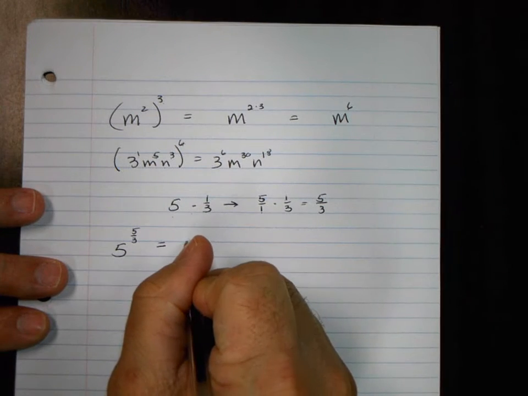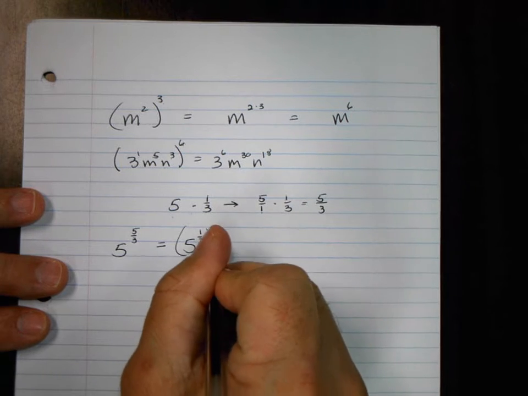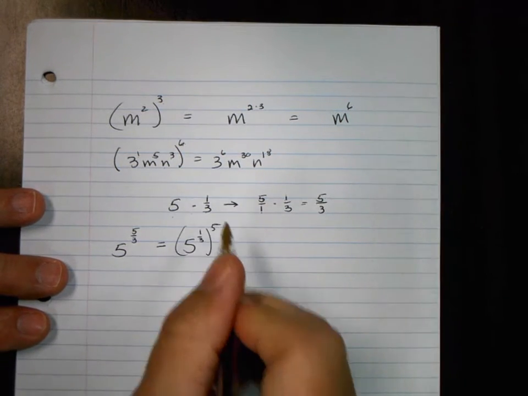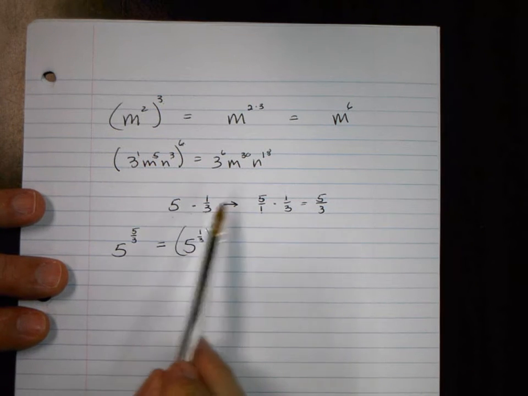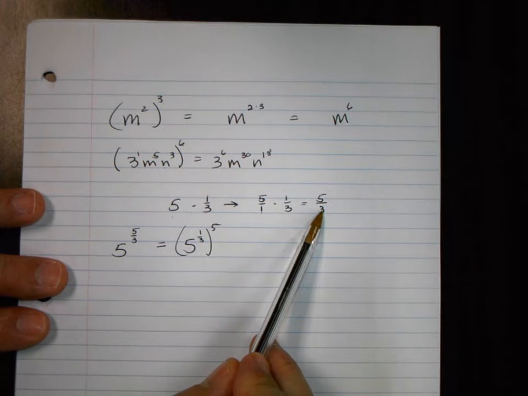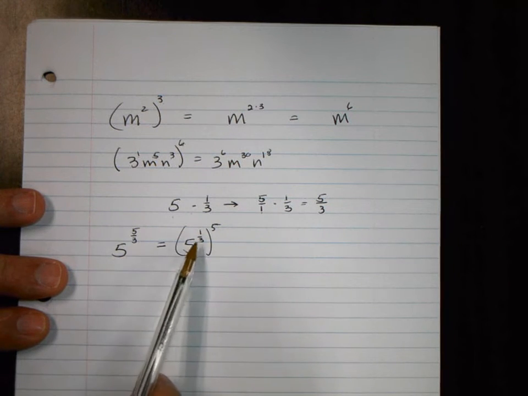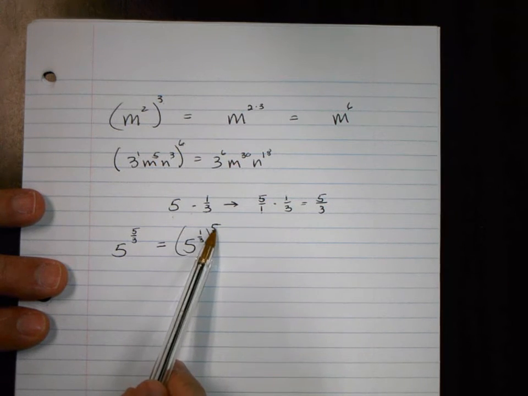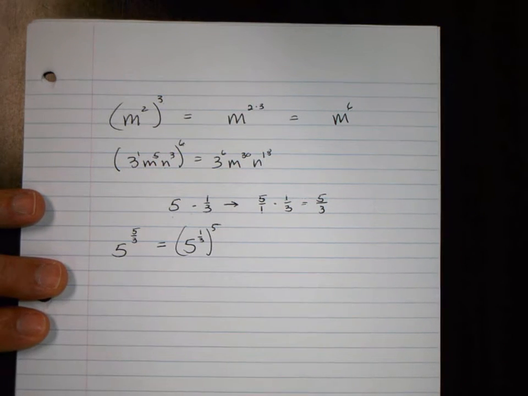We could rewrite this as 5 to the 1/3 raised to the 5th power, right? Because remember, we said 5 times 1/3 is 5/3. So here I'm saying 5 to the 5/3 could be rewritten as 5 to the 1/3 raised to the 5th power, because 1/3 times 5 is 5/3, just like we started with.